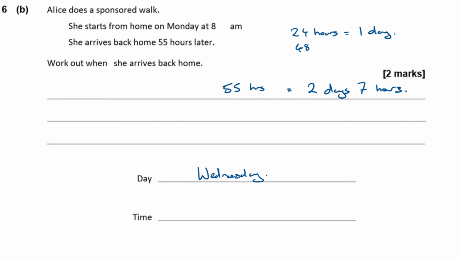7 hours. So we've done the 2 days part. We've got to add on the 7 hours now. So 2 days after Monday, 8 o'clock would be a Wednesday, 8 o'clock. And then 7 hours on to 8 a.m. Usually in the exam room, you've got a clock on the wall. It's a good idea to use that if you've got that one. So 7 hours on to 8.